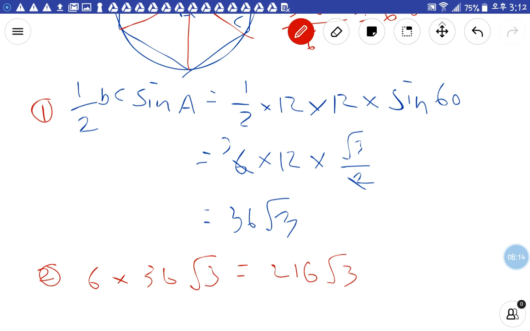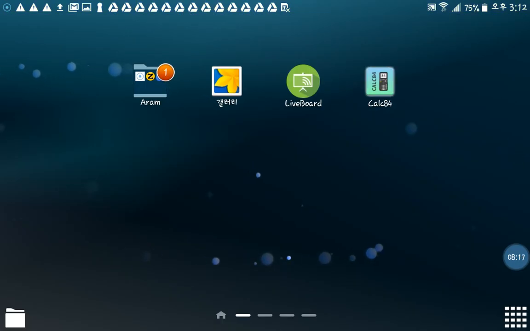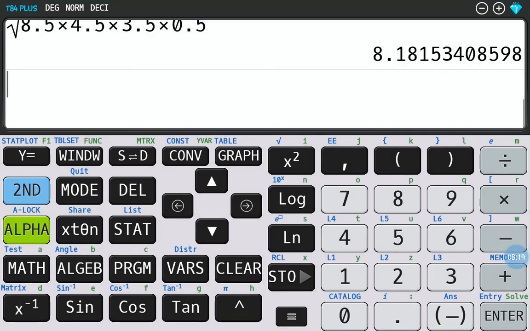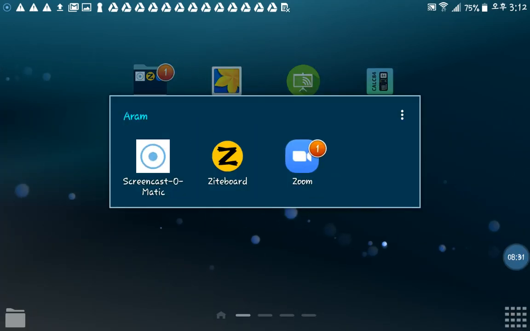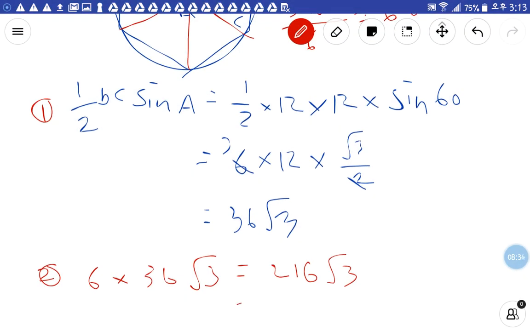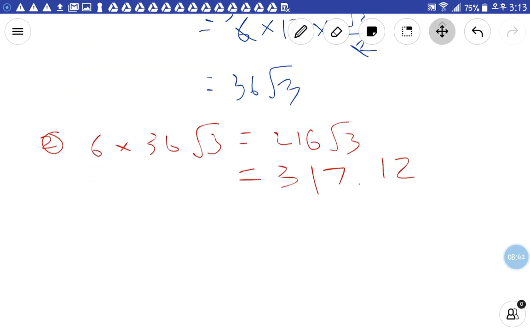If you plug that into the calculator, 216 times radical 3, that would be 374.12. You round to the nearest tenth place.